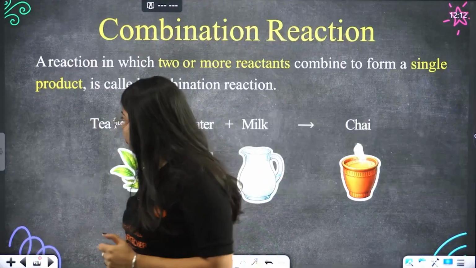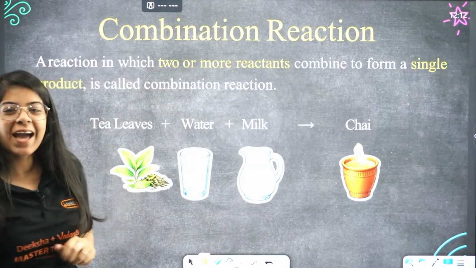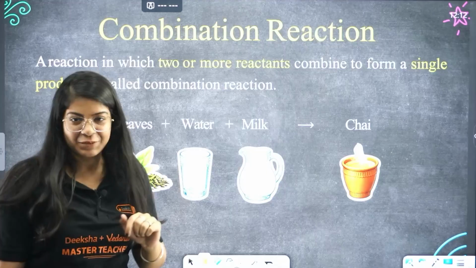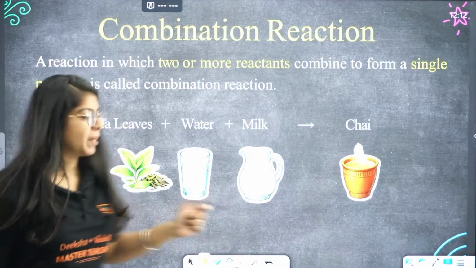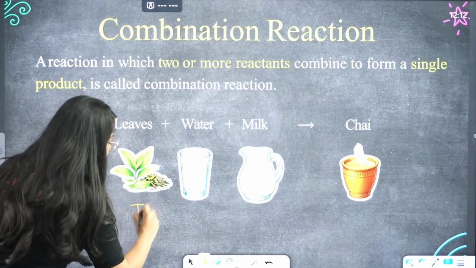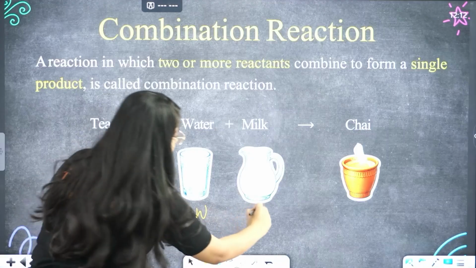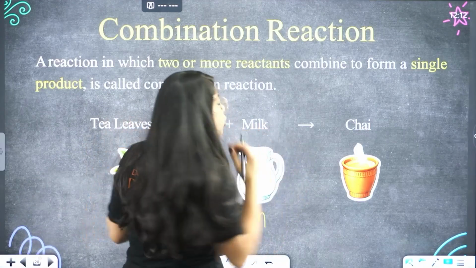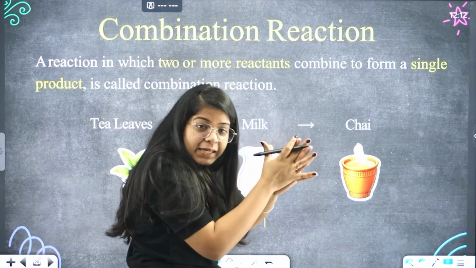Now, don't go by their names, okay? I have made it very easy. So combination reaction is the same. See, we have tea leaves, we have water, we have milk. All these are doing what? They are combining together.